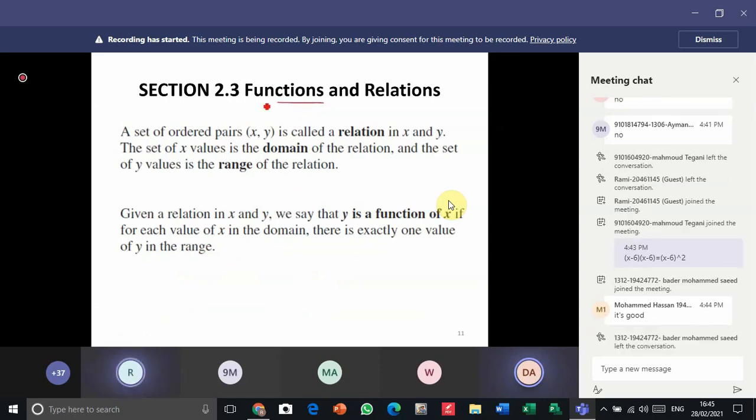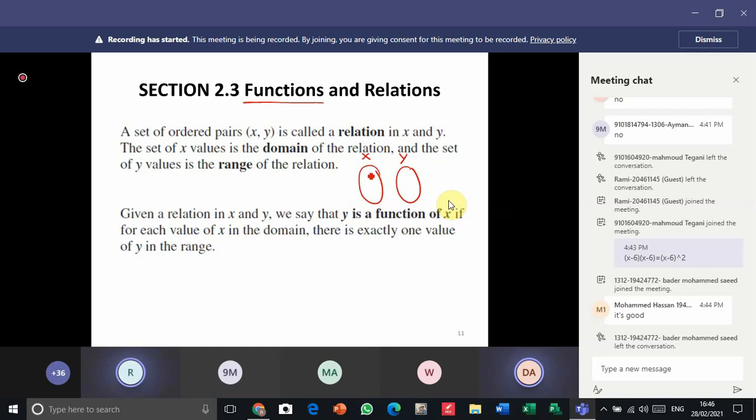Now, with the function and the relation, what is the meaning of relation and function? Relation: this is the relation, all ordered pairs. Relation means the link between the first set called x and the second set called y.